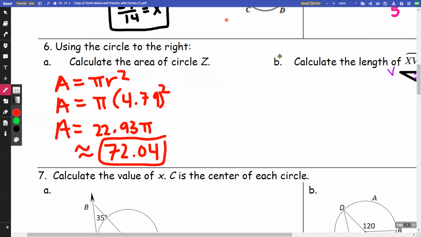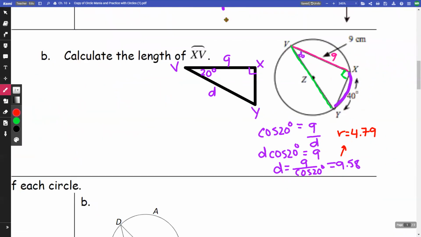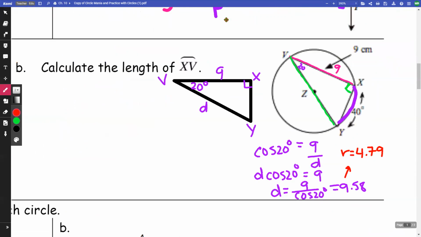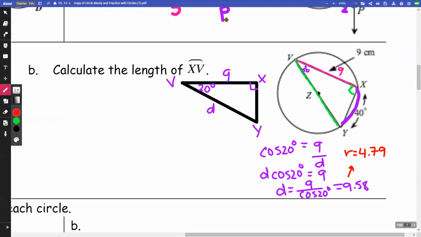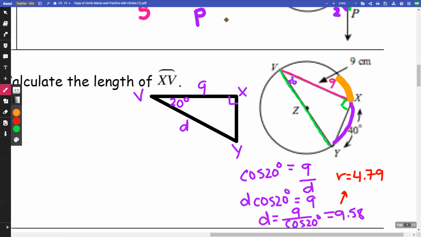Now, the next thing they want us to do is calculate the arc length XV. In this picture, that arc length is going to be right here, in orange. This is what I'm trying to find, that arc length, not the arc measure, but the arc length.